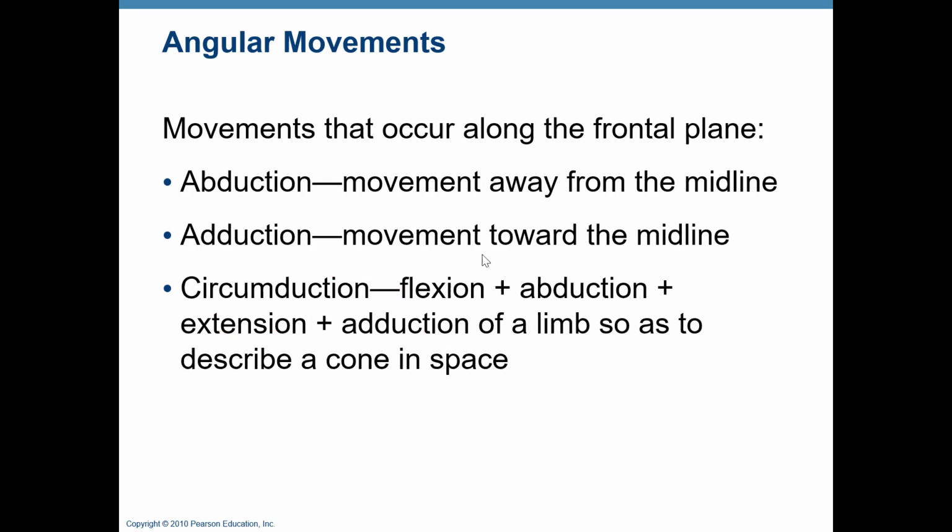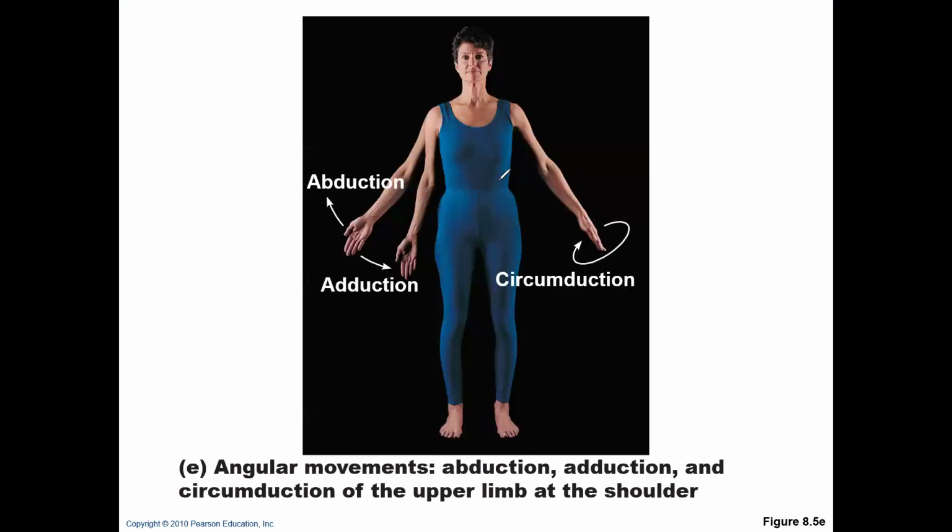Okay, let's look at some of the examples here. So moving an arm away from the midline of the body. This is the midline, right? So here, that's called abduction. Think of abducting, taken away. And then moving a body part toward midline, back toward, that's called adduction.